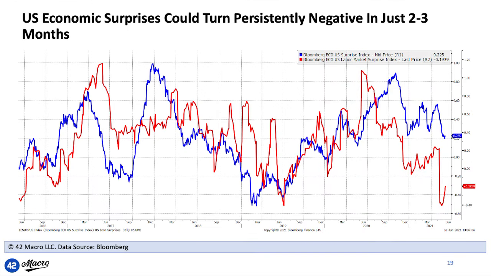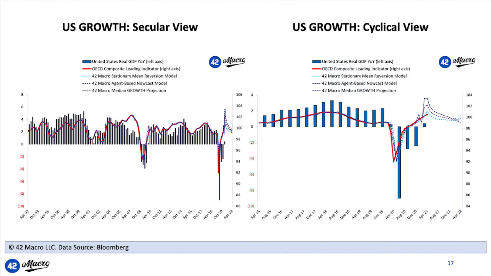On slide 19, U.S. economic surprises, they could actually turn persistently negative in a couple of months. The reason I say that is that, going back to slide 17 rather, you have this very modest deceleration off the cycle peak in growth. And what that's likely to do is keep growth expectations elevated. If growth expectations stay elevated, but you're still decelerating on a rate of change basis, that's likely to catalyze a persistent series of negative economic surprises.